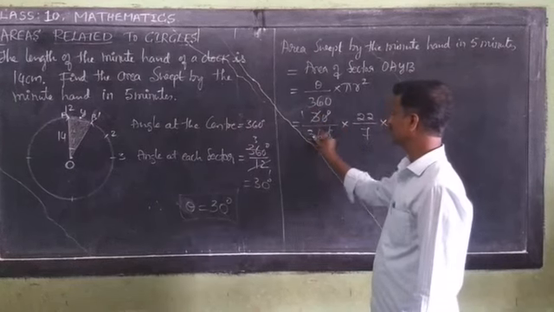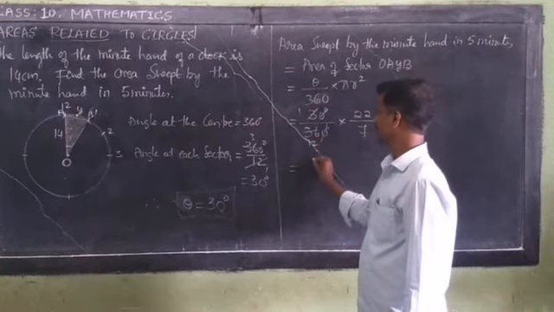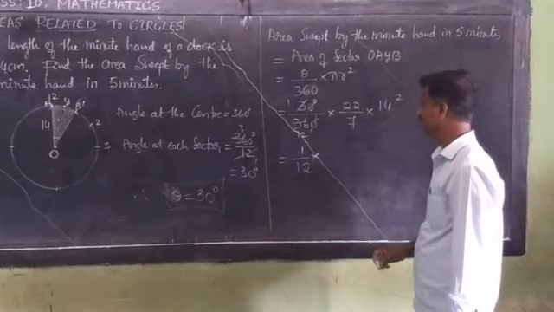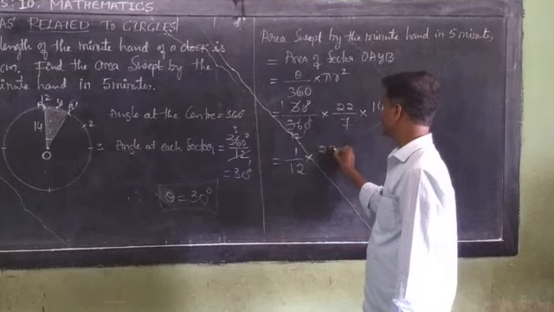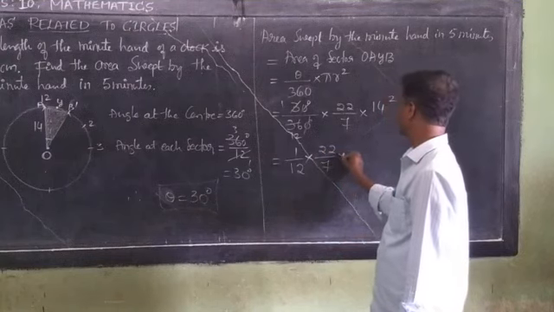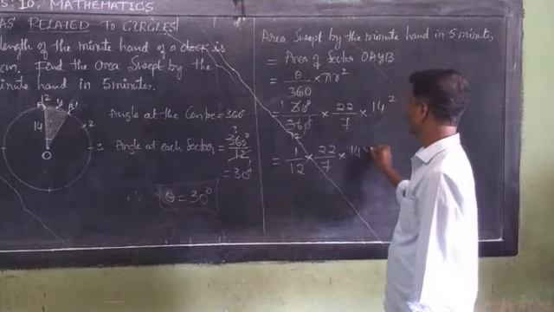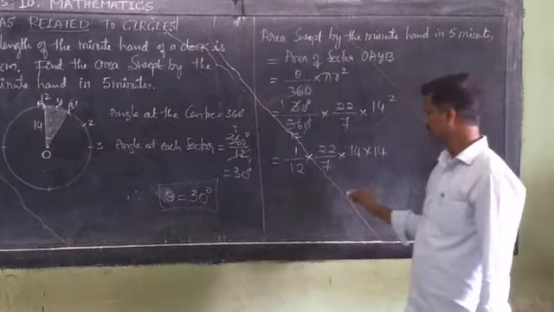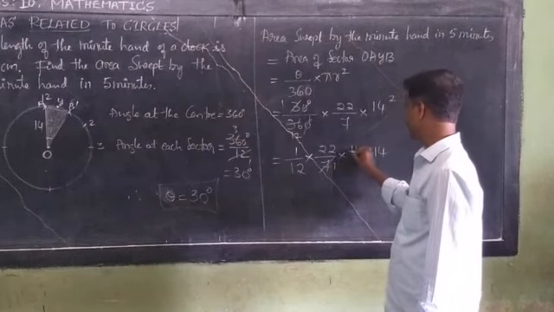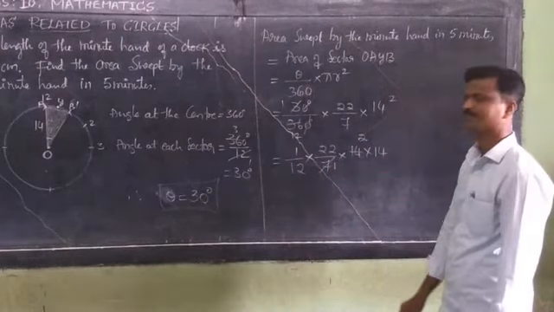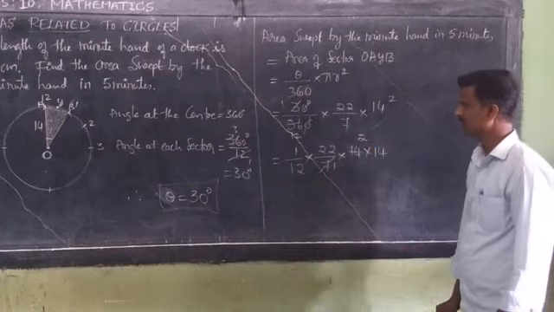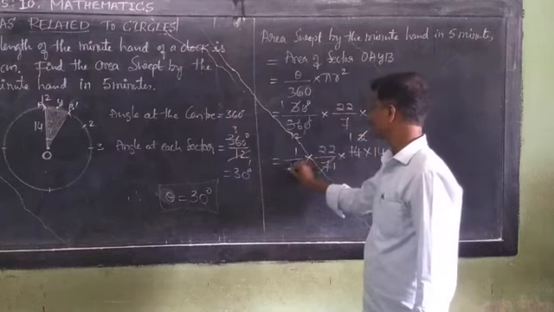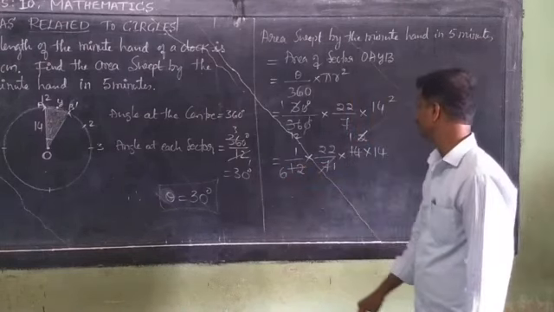3 ones are 3, 3 twelves are 36, that is 1 by 12 into 22 by 7 into 14 square, that is 14 into 14. Simplifying, 7 twos are 14, and 2 sixes are 12.